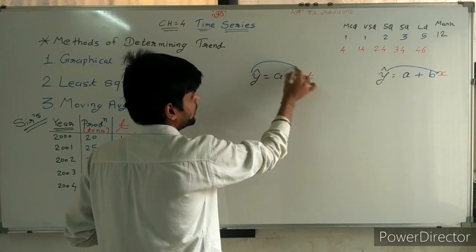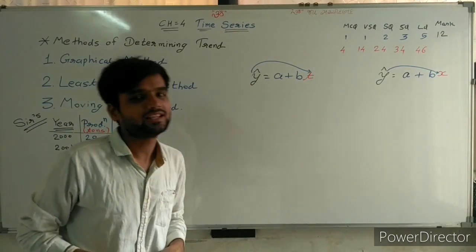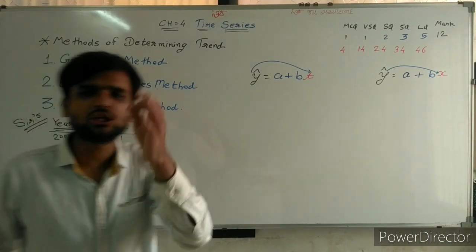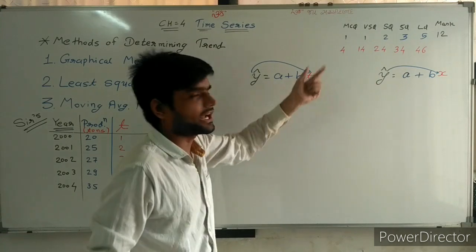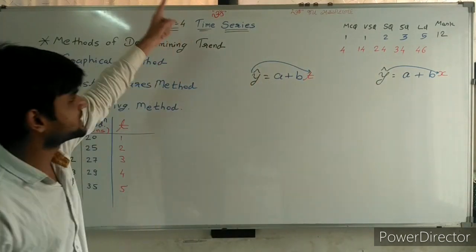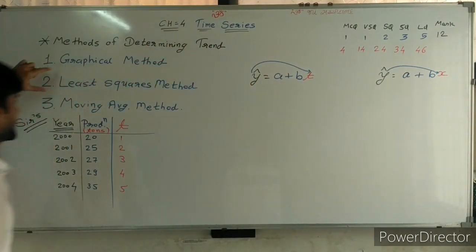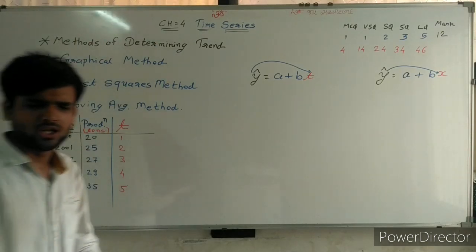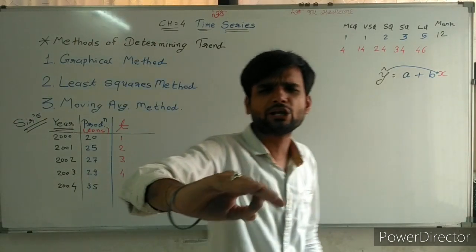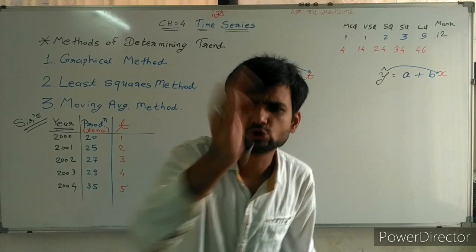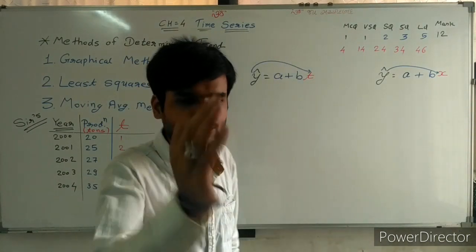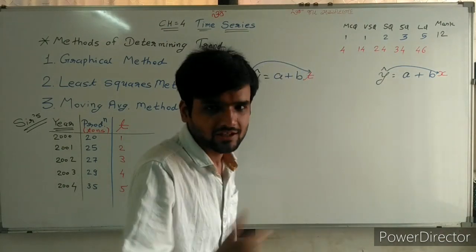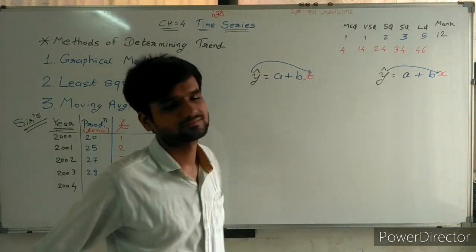The only change is that instead of x, we are writing t in chapter number 4, the least square method. Other things remain the same.